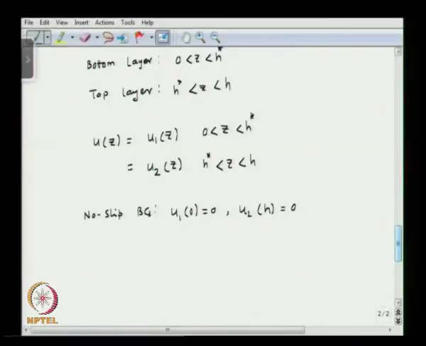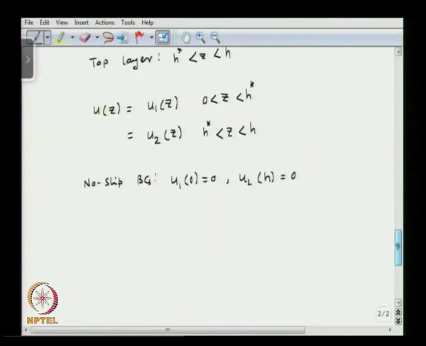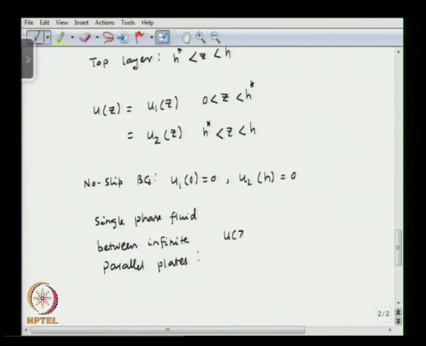For a single phase fluid between infinite parallel plates, we know the velocity expression: uz is going to be delta p over 2 eta L into (h minus z) into z.